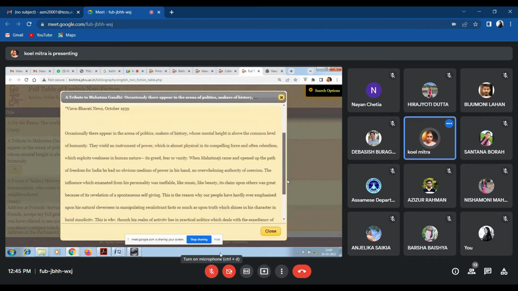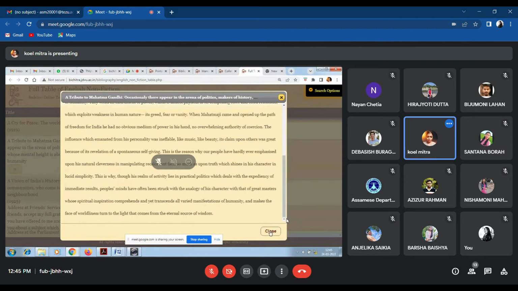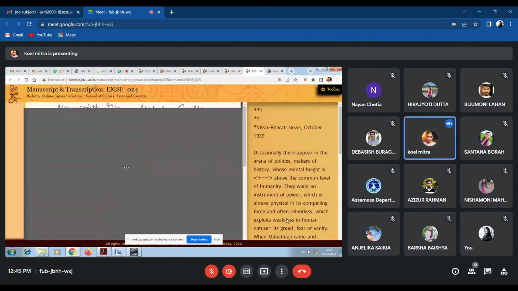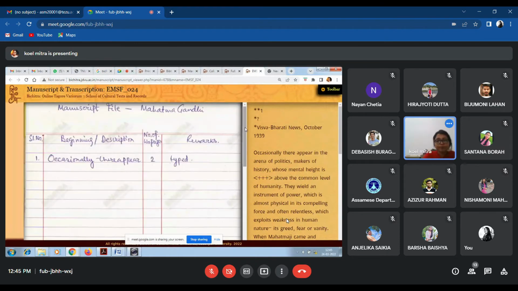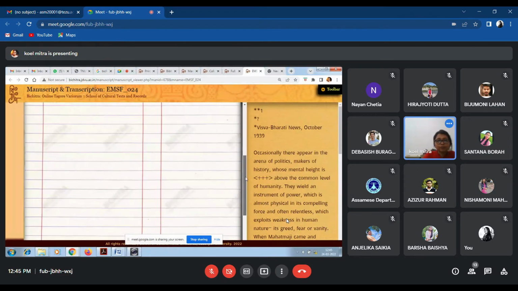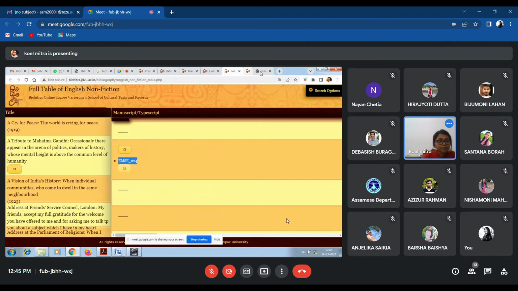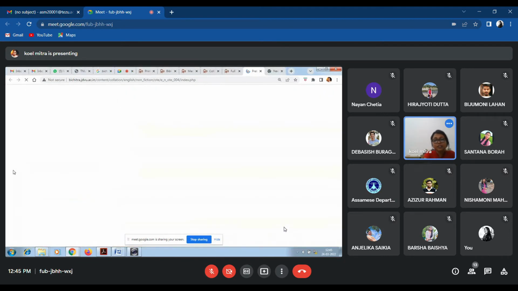This is the text. This is the image. And these are the two different texts that we need to collate.